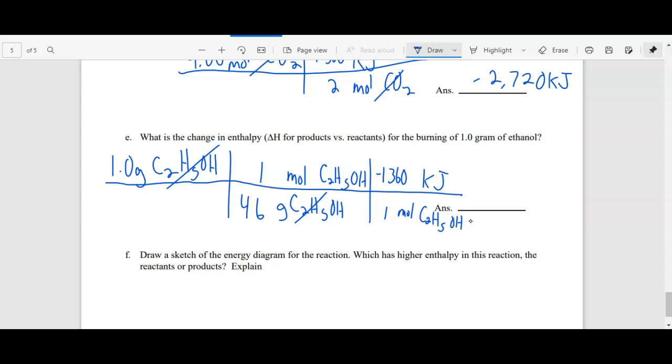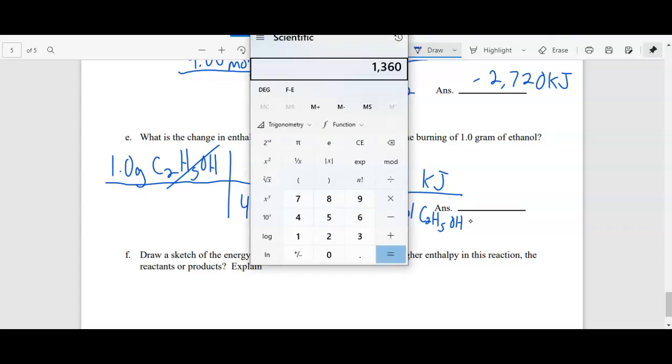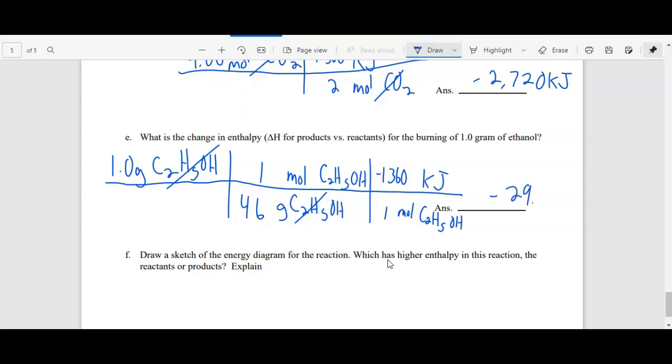And the last thing I need to do is multiply the top and divide by the bottom. So that's 1 times negative 1,360 divided by 46 divided by 1. And then we get an answer of negative 29.6 once we round that. Negative 29.6 kilojoules.